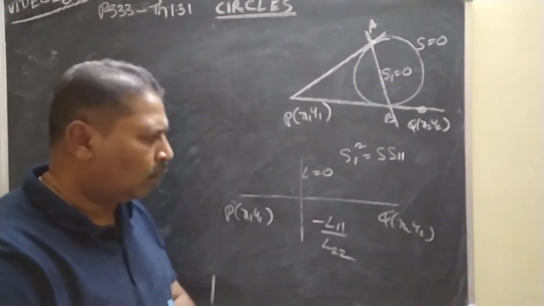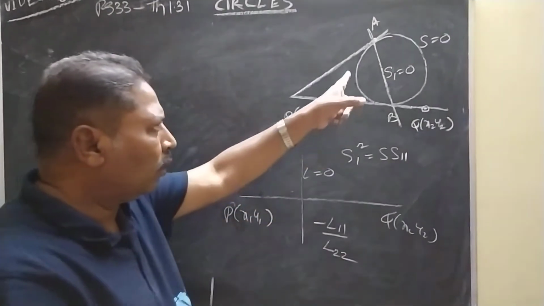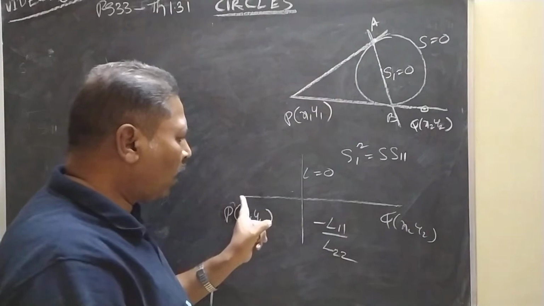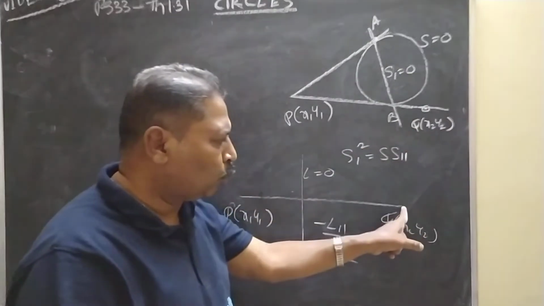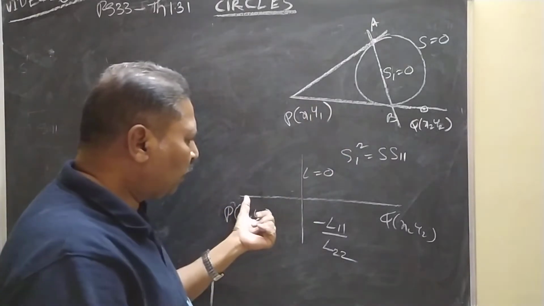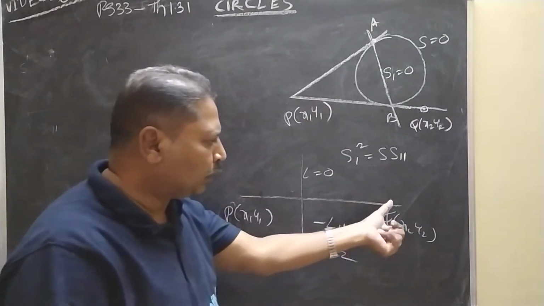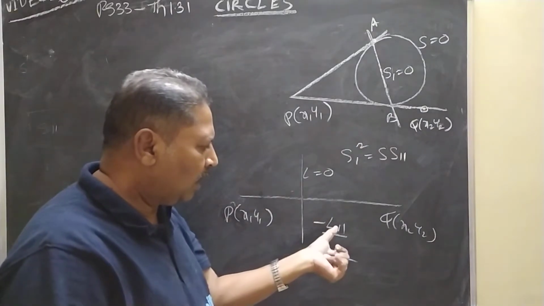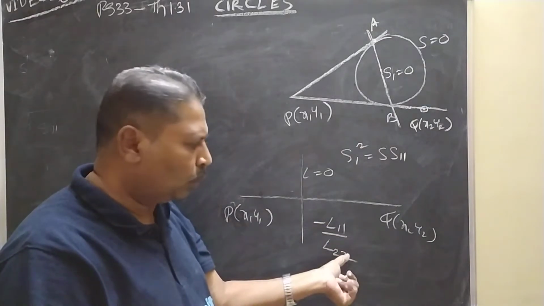That is the formula. We apply this formula. This is the line equation. This is the P point. This is the Q point. So the ratio PB to QB equals minus L11 by L22.